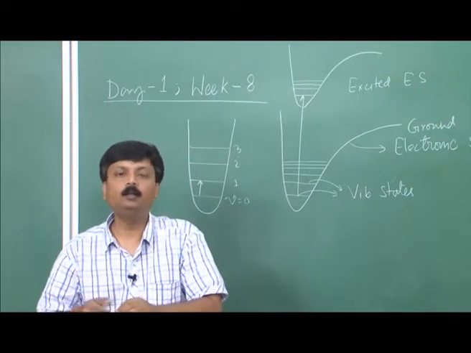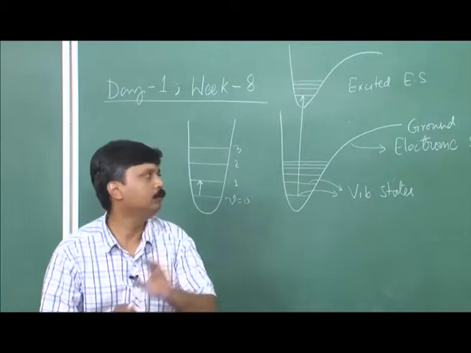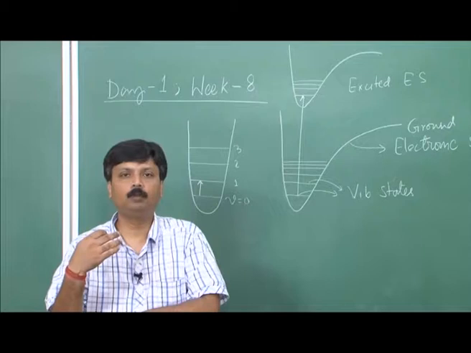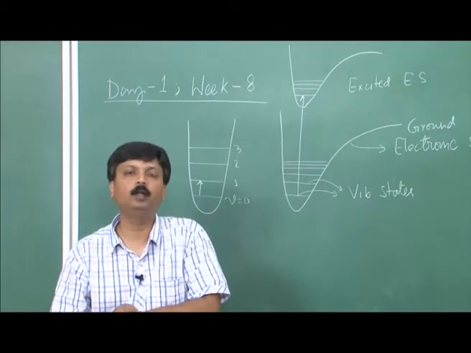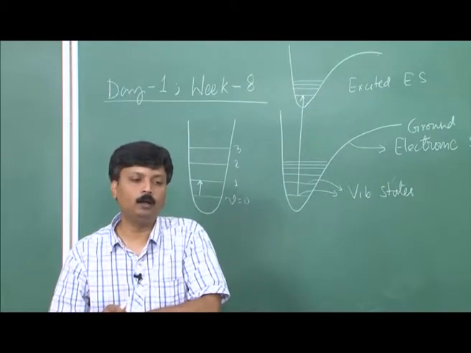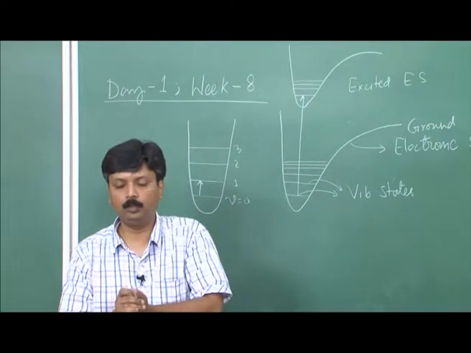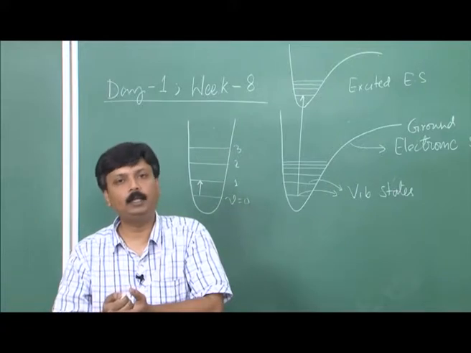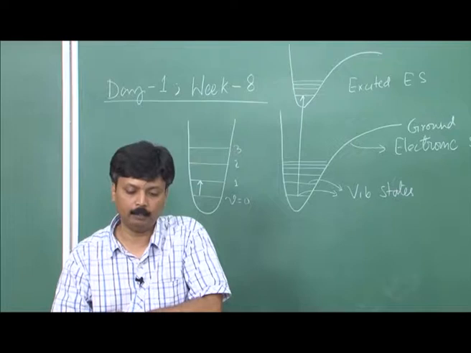Now, in general, when we look at ensemble level spectra involving transitions between two electronic states, the fine rotational transitions are blurred. In most cases, vibrational lines also will be blurred, but within a limit of temperature, that is, if you cool down the system quite a bit, then I can see the vibrational lines and even in some cases rotational lines as well.